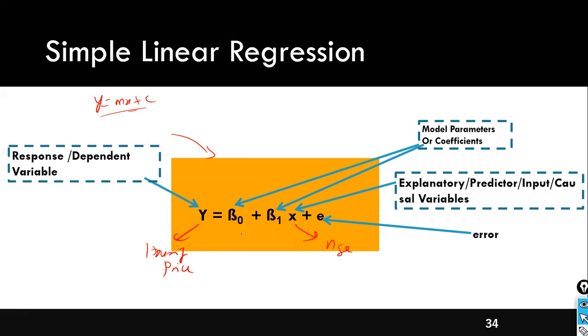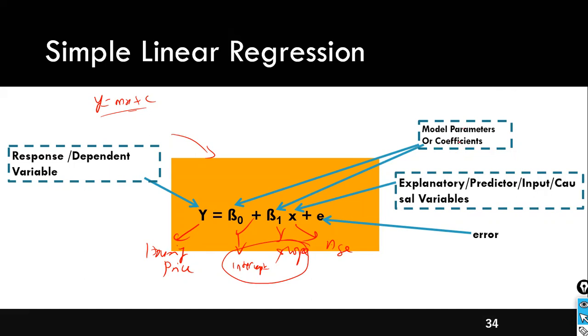First of all, let us understand what beta naught is. Beta naught stands for intercept. Beta 1 stands for slope. So the question is, what are these two terms? I'm completely new to intercept and slope. These two are also called model parameters.